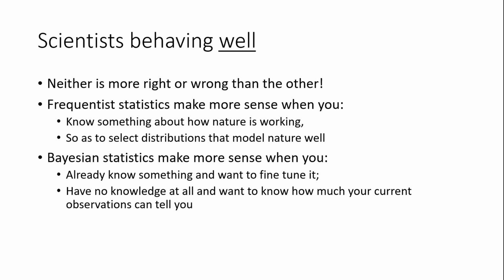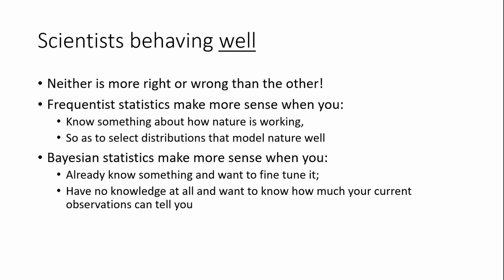Now, neither Bayesian nor frequentist statistics are right or wrong. They make sense in different domains. Frequentist statistics make more sense when you know something about how nature is working so that you can select a distribution that models nature well.